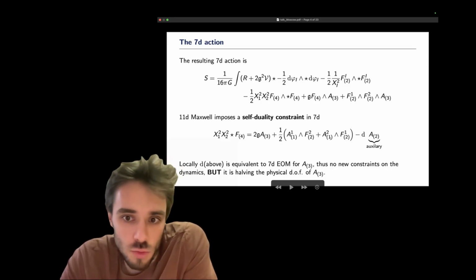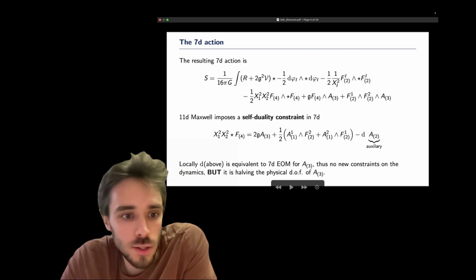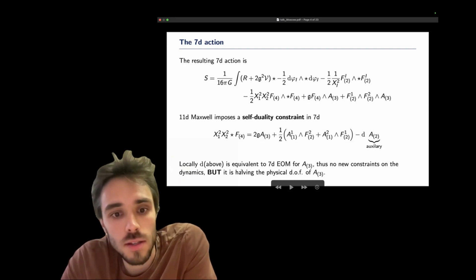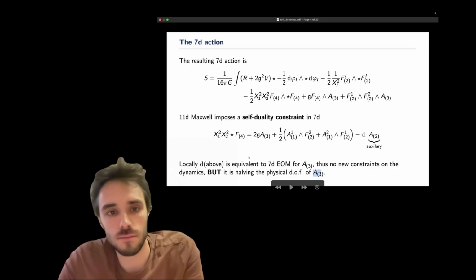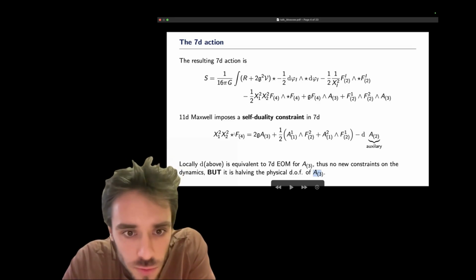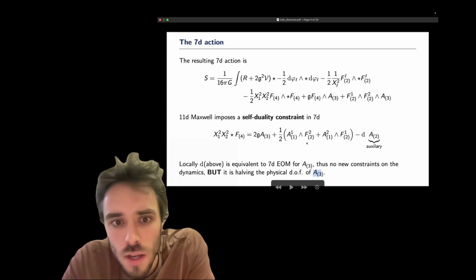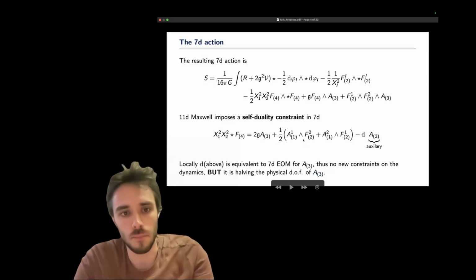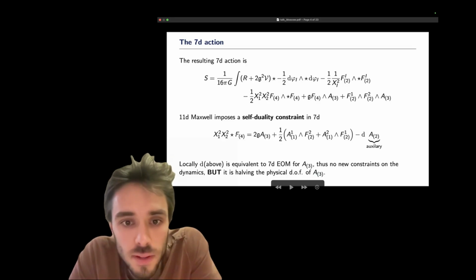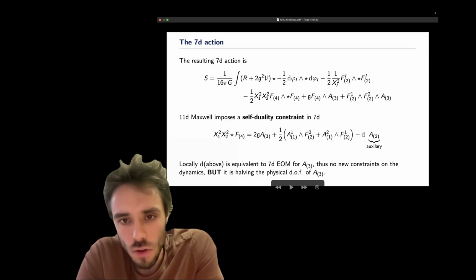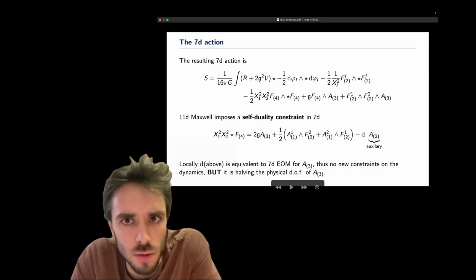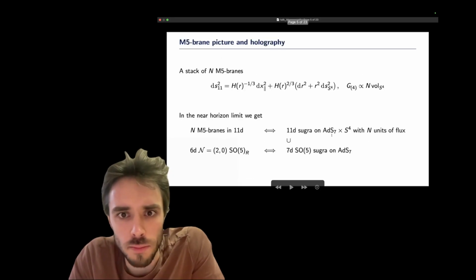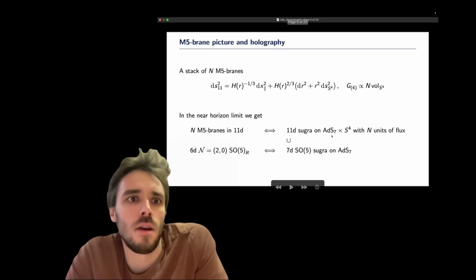And as such, what I wrote down poses no new constraints on the dynamics, but it is reducing the physical degrees of freedom of this gauge field by a half. It's like a star of the thing, and then the thing reduces the degrees of freedom by half, but no new dynamics. That would be technically important in the actual calculations. I just wanted to mention where the bodies are buried.